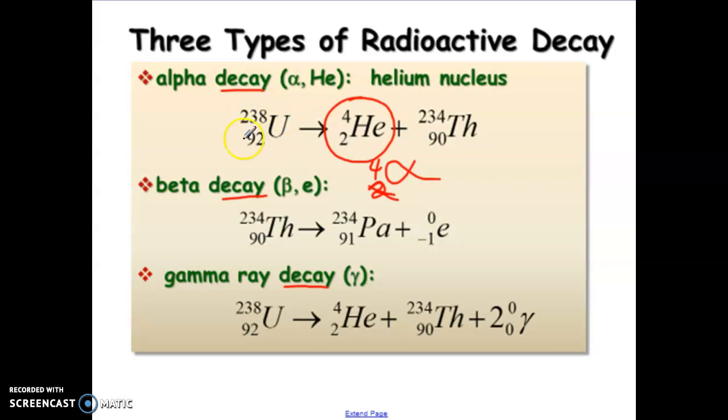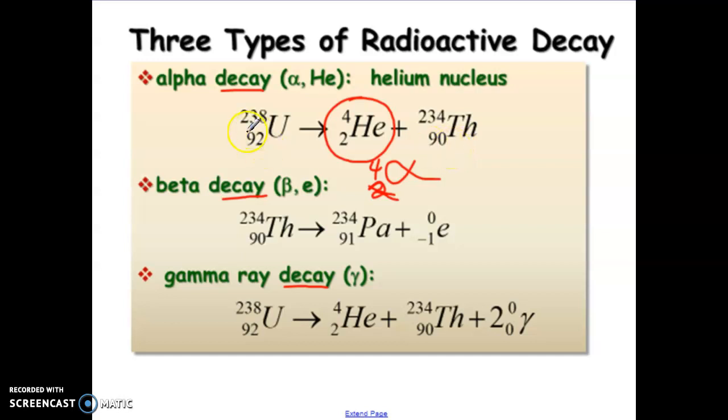It means the nucleus of this uranium is losing 2 protons and 2 neutrons. It's almost like a tiny little fragment of the nucleus has broken off of that uranium. So the resulting piece is like the little piece that broke off the uranium, and the element that is left behind is whatever is remaining.